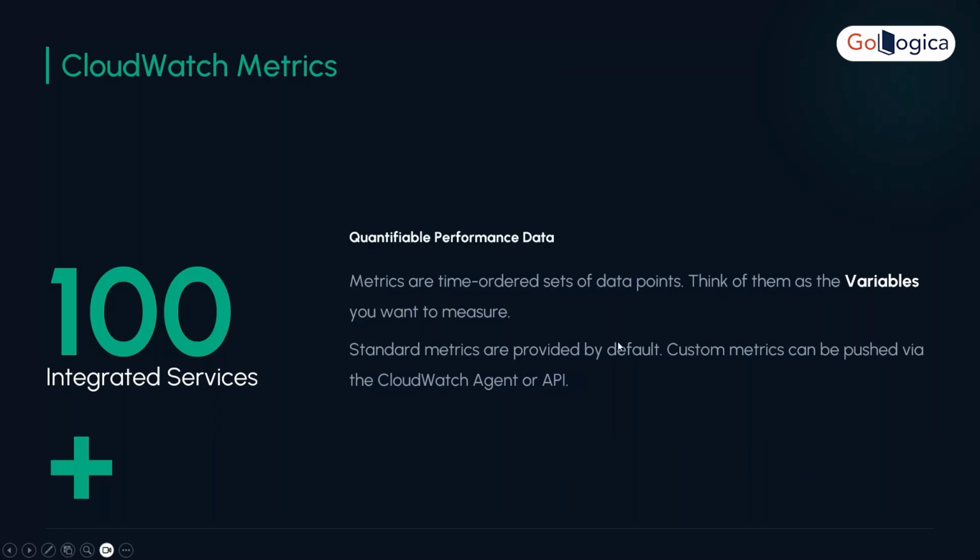Think of the variable as just being filled with values. Standard metrics are provided by default, and custom metrics can be pushed via the CloudWatch agent or API. So we can create custom metrics and also set the frequency at which it will receive data from those agents or through the API.